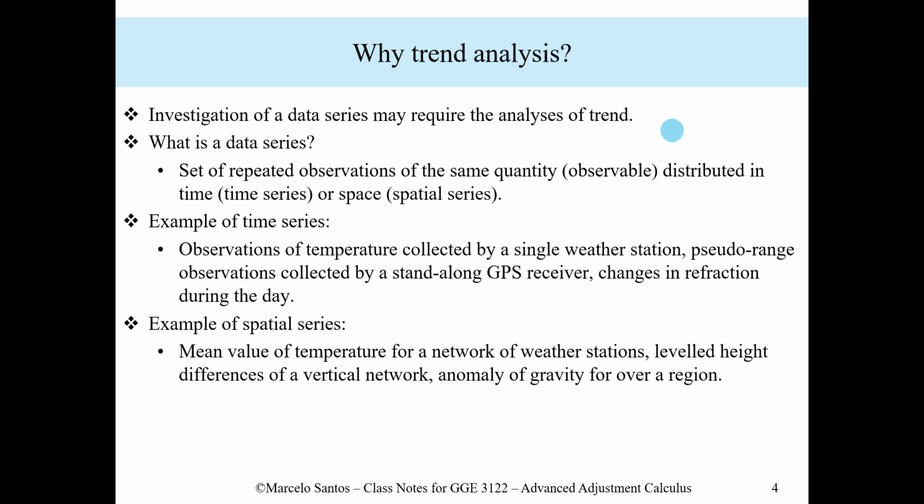We may have the same thing with level height differences: the value of level heights for each segment of a vertical network. We may have the same with an anomaly of gravity over a region. So these are values that are represented having a 2D argument.